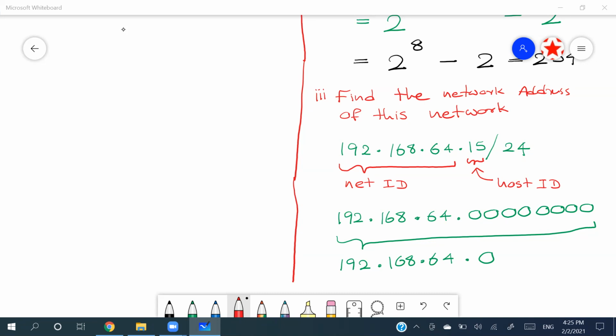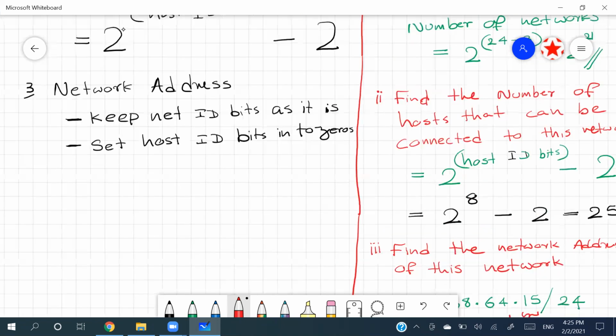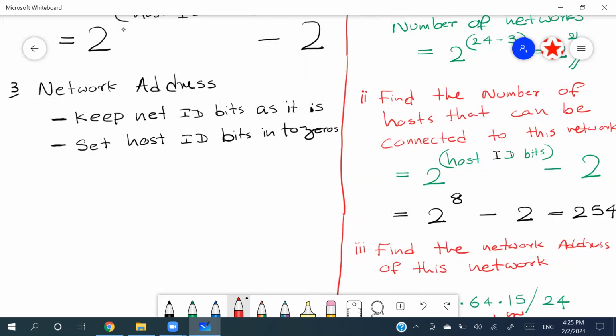So the fourth one, I'm going to introduce you to the broadcast address. Network address means the address which defines the entire network. If your school lab has a network, that lab has a network address. If you open a computer in the school lab and find its IP address, you can determine the network address.